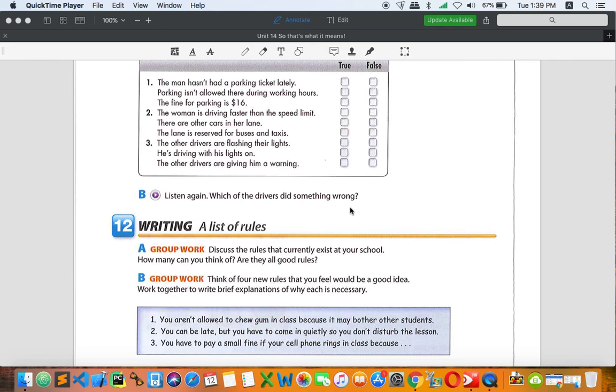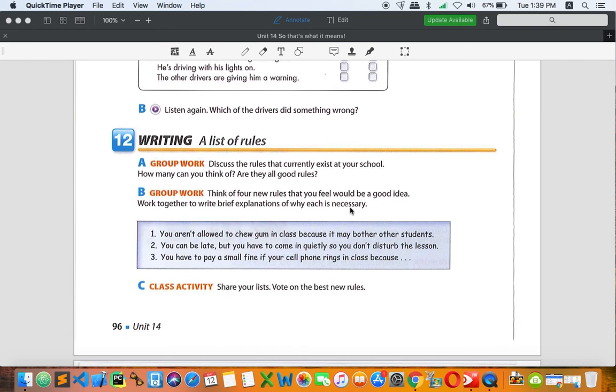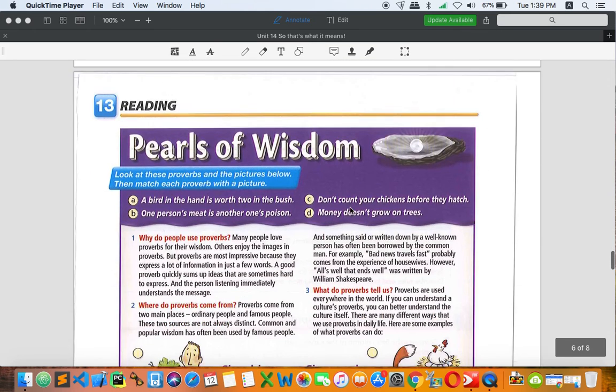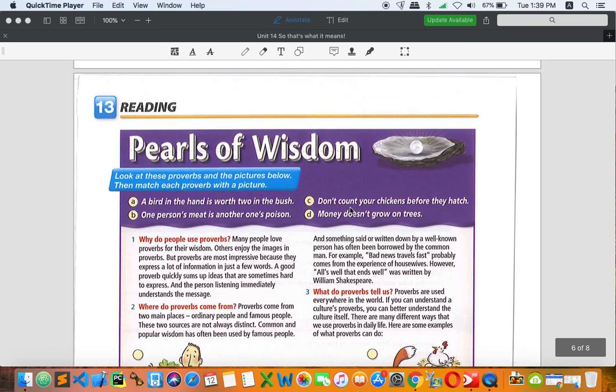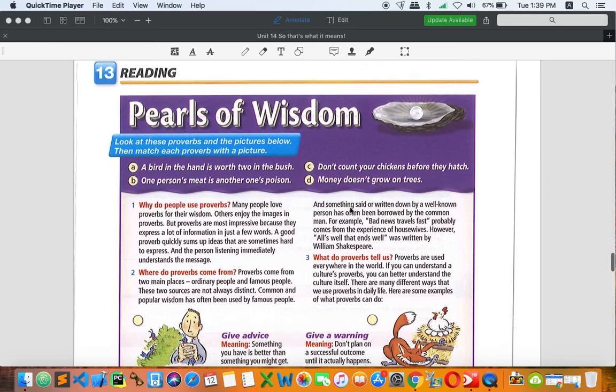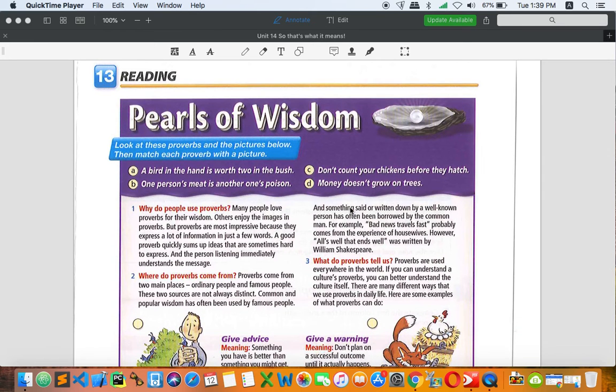Okay, so let's go to the last activity, which is about reading. Pearls of Wisdom. Okay, so this is a very good reading text. I think you should spend most of your time reading this again and again to understand what it is exactly. Pearls of wisdom.